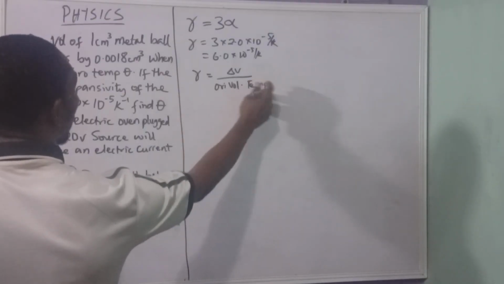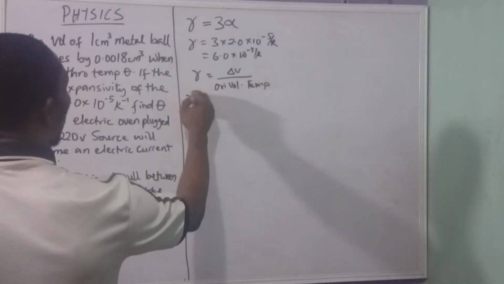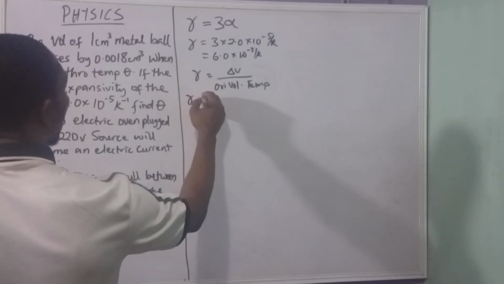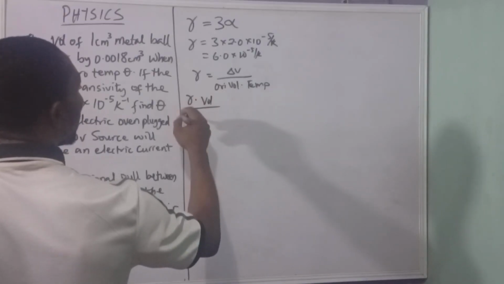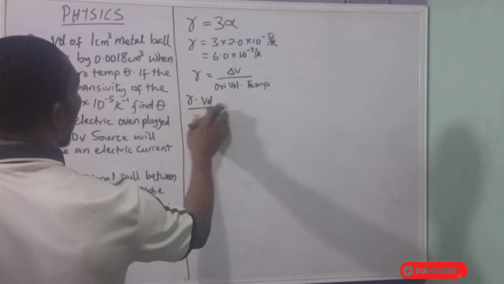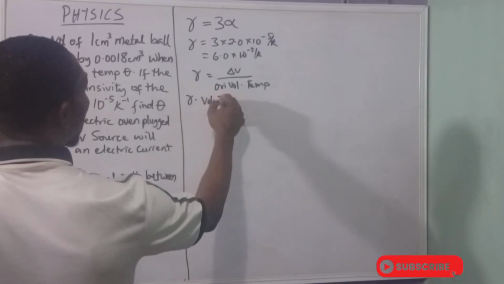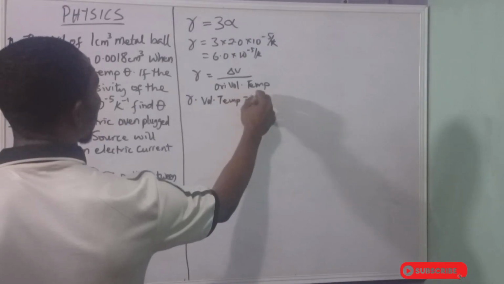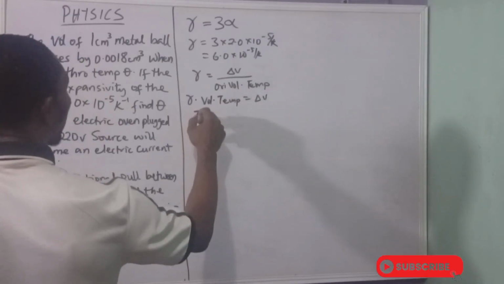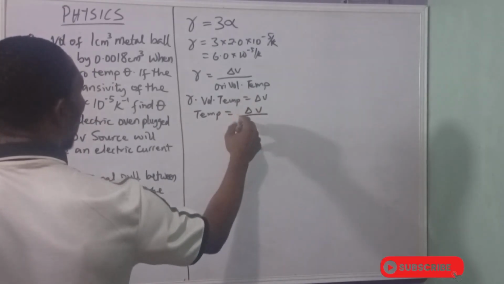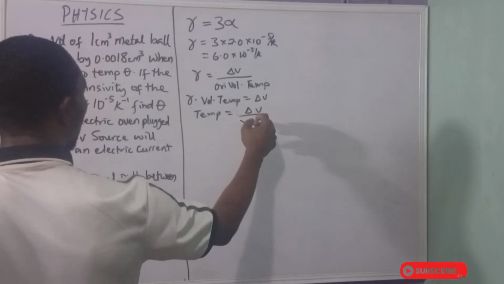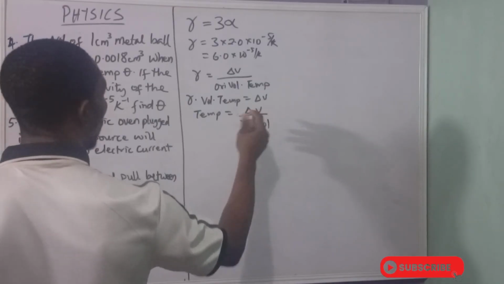We are looking for temperature, remember, so cubic expansivity times volume times temperature equals change in volume. So temperature would become change in volume all over our cubic expansivity times volume.